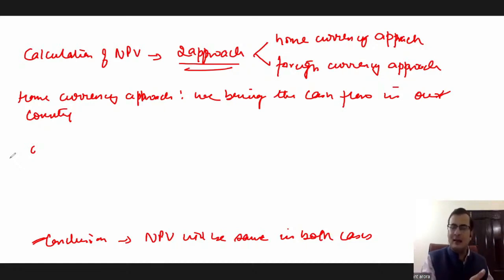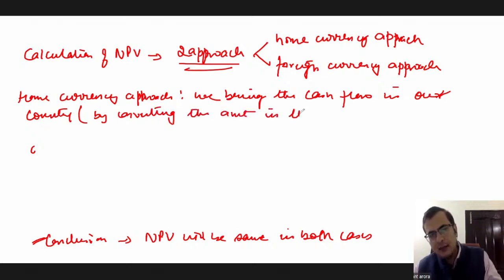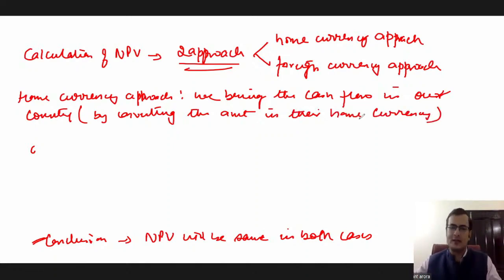So they earn in INR, and when they want to repatriate, meaning they want to take that cash inflow to their country, they convert that amount into their home currency. That is why it is called the home currency approach.